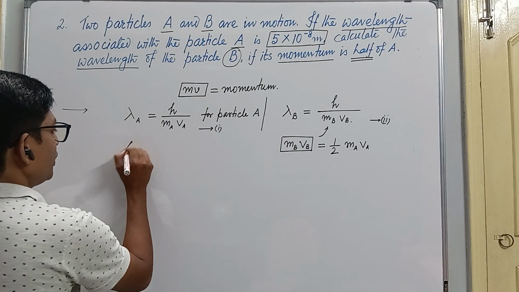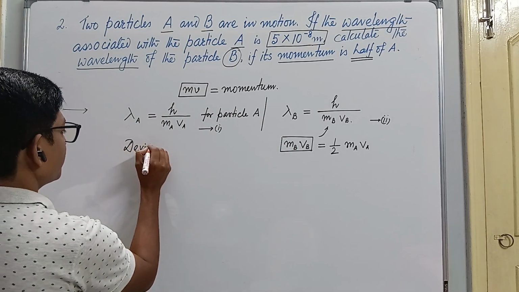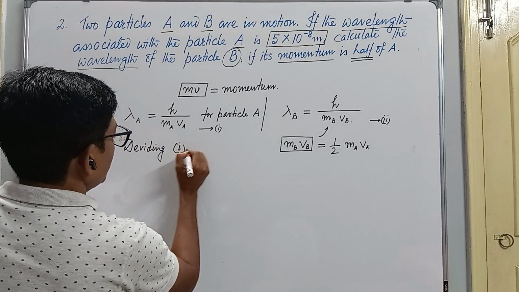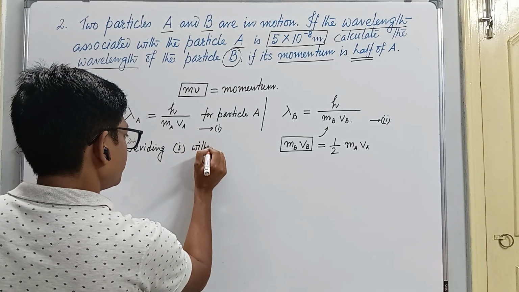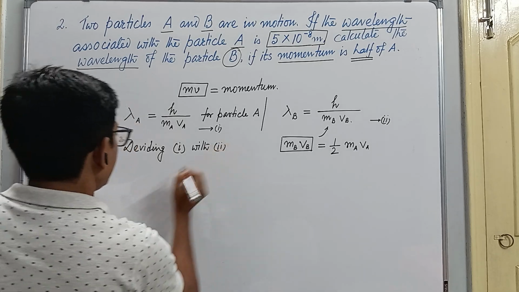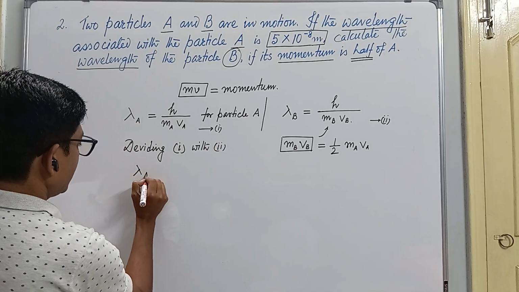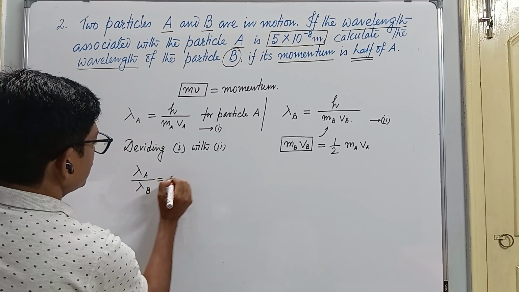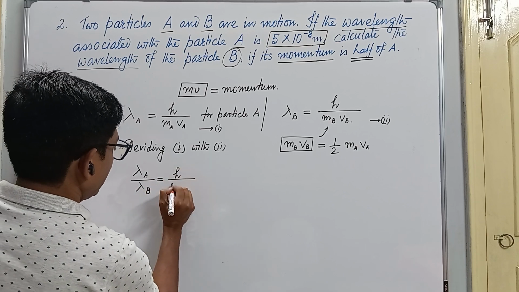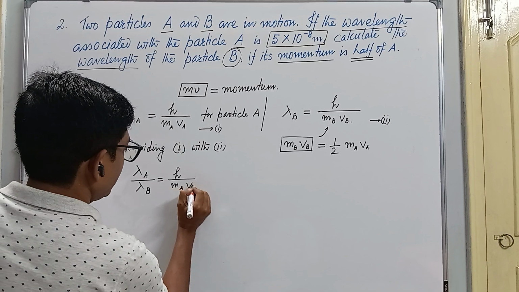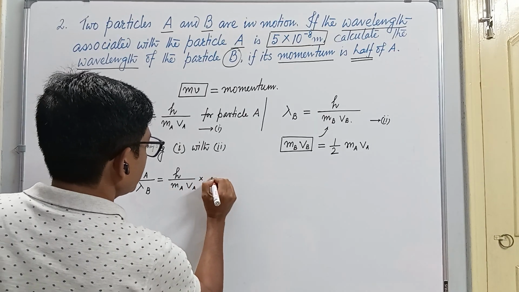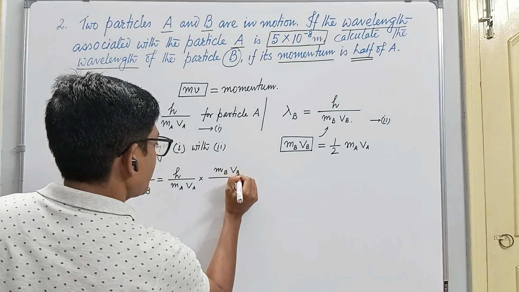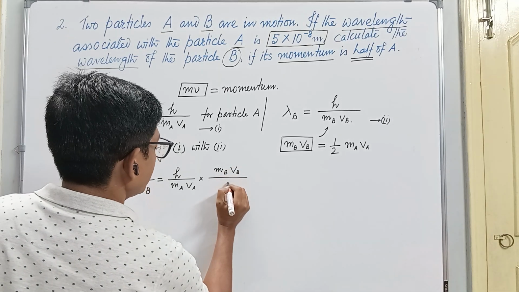Okay, so dividing 1 with 2, we can write lambda A by lambda B is equal to h by MA into VA multiplied by MB VB divided by h.